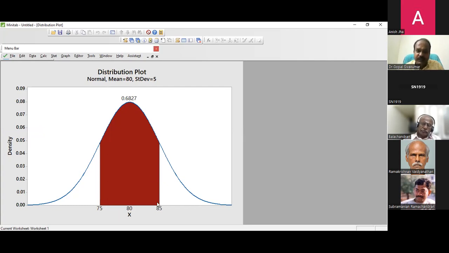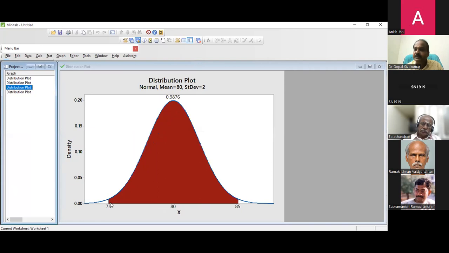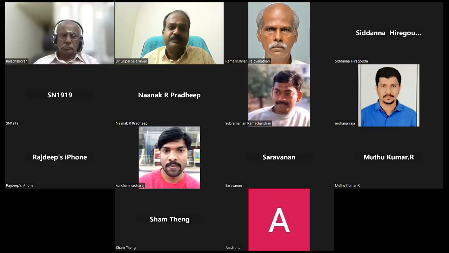The points are the same, 75 and 85, but your curve has stretched outwards, because variation is more and spread is more. Sigma level will come down.